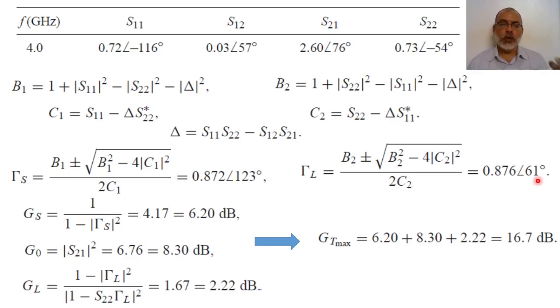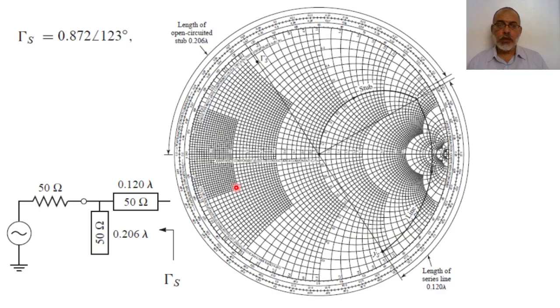The source is assumed to have a characteristic impedance Z naught 50 ohm. So we are starting, if we are looking from the source, with 50 ohm. I want to see the input impedance of the source through the input matching network to have a reflection coefficient of this value. To do this, we are going to use the Smith chart.